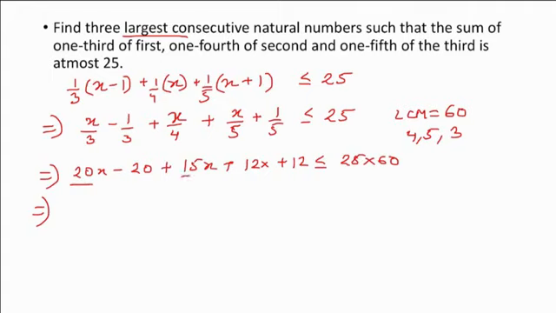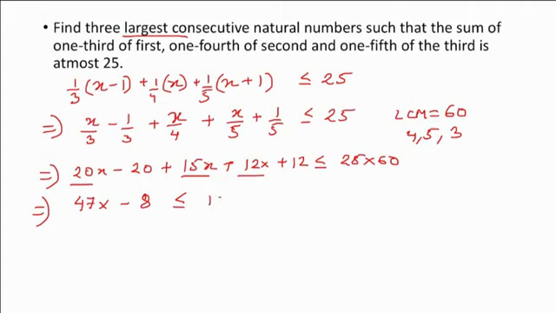So now let's simplify this further. So 20x plus 15x plus 12x, so that is 35, 47. So 47x minus, we have 20 plus 12, so minus 8 is less than or equal to 25 times 60.